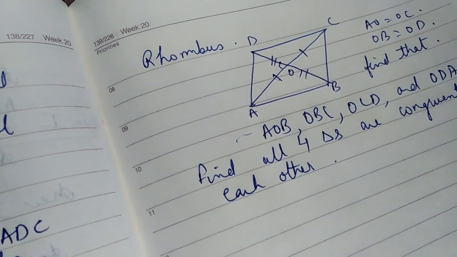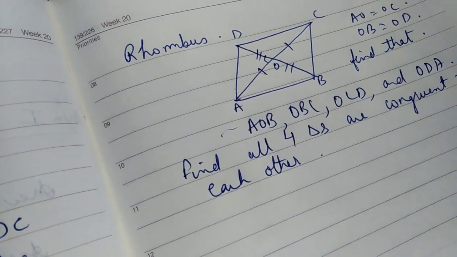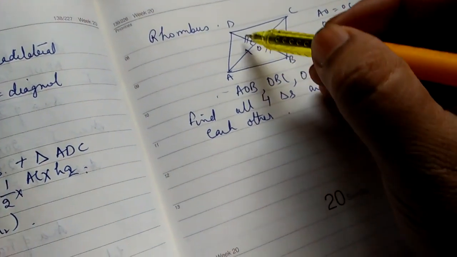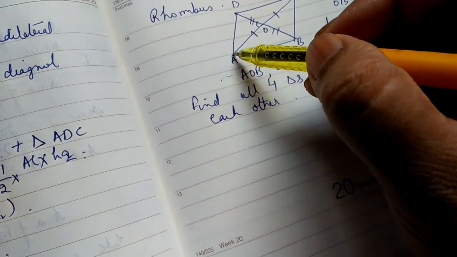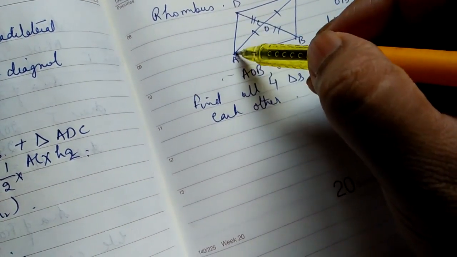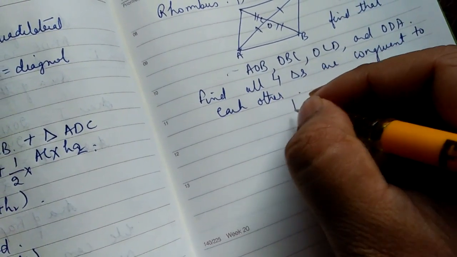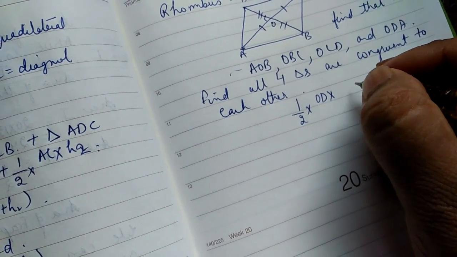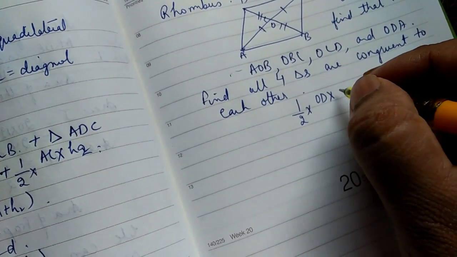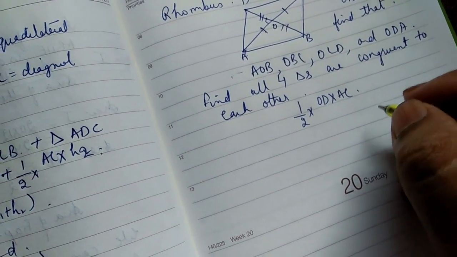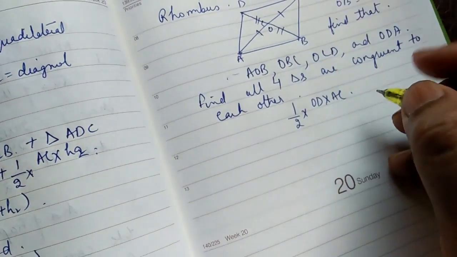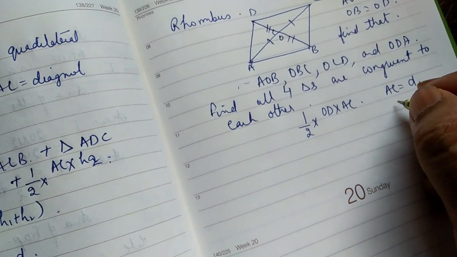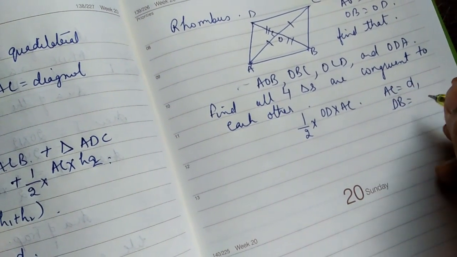Now because all these 4 triangles are congruent to each other, if we take only these 2 triangles ACD, we will get half base, which is OD, into height, AC. So let the first diagonal AC be d1 and BD be d2.